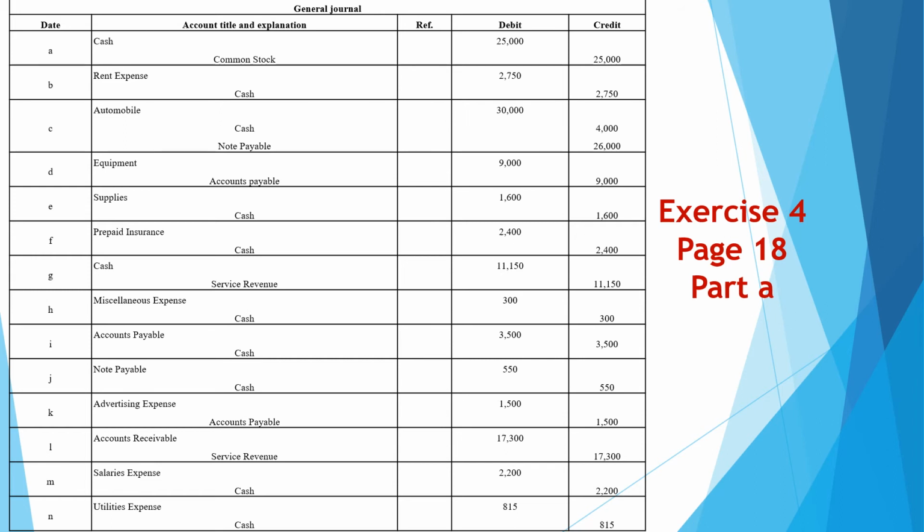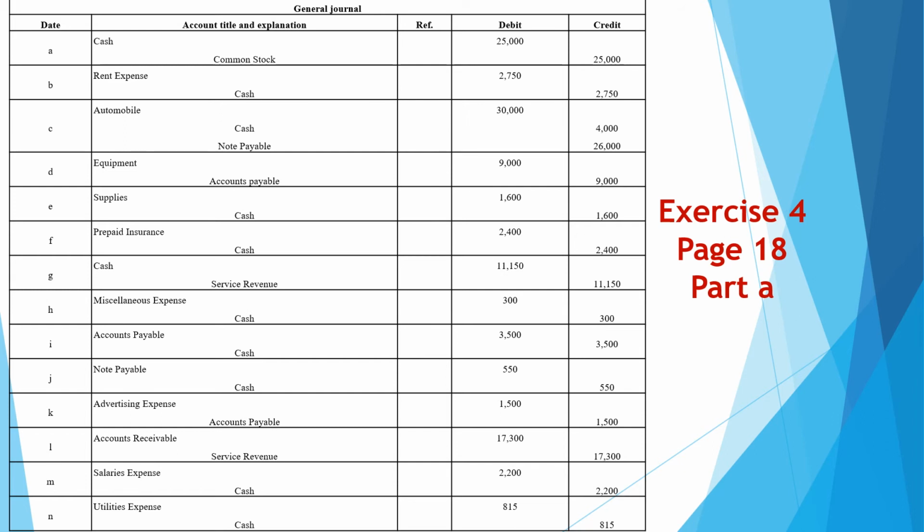Transaction C, purchased automobile for $30,000, paying 4,000 cash and giving a note payable for the remainder. We have three accounts affected in this transaction. We purchased an automobile, so automobile is like automotives, so it is in fixed assets, so it is assets.